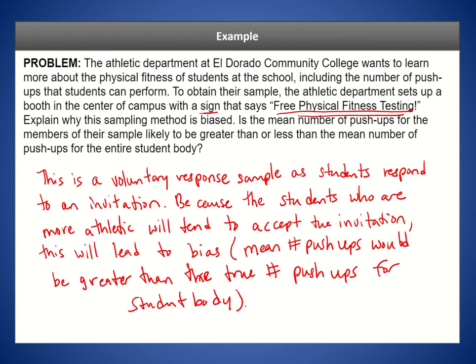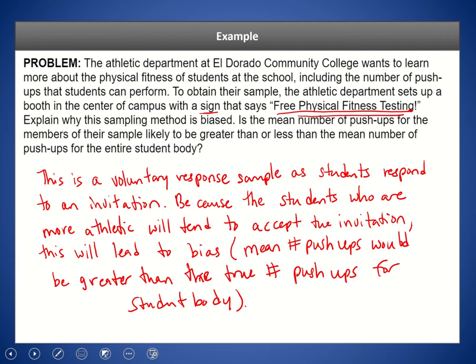Okay, so the mean's going to be greater. It might be that the mean will be 10 push-ups because these guys are really physically fit. But when you do it for the entire population, not everyone's athletic, so there's going to be variety in this. So it might actually be less. It might be 5 push-ups on average.